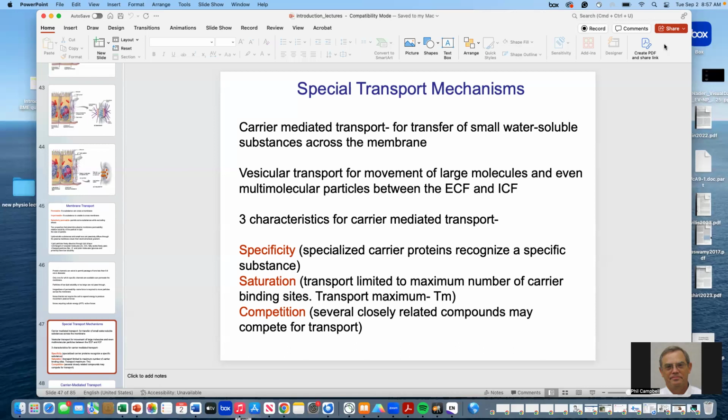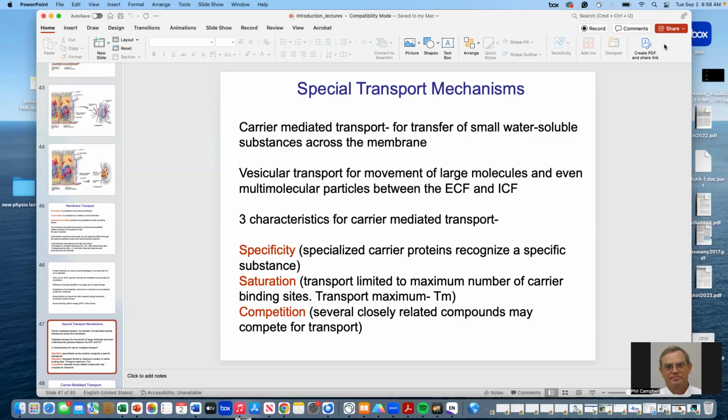I can reach saturation, whereby if I continue to increase the concentration difference, if I have got all of my transport proteins already engaged, I've reached saturation. So I cannot have any additional transport. All right? So that's saturation.